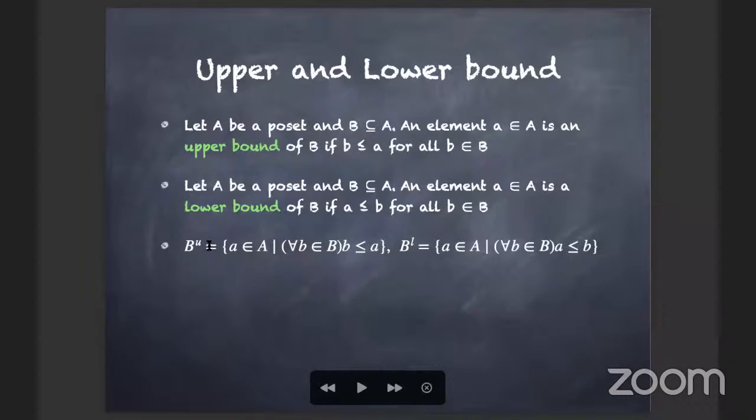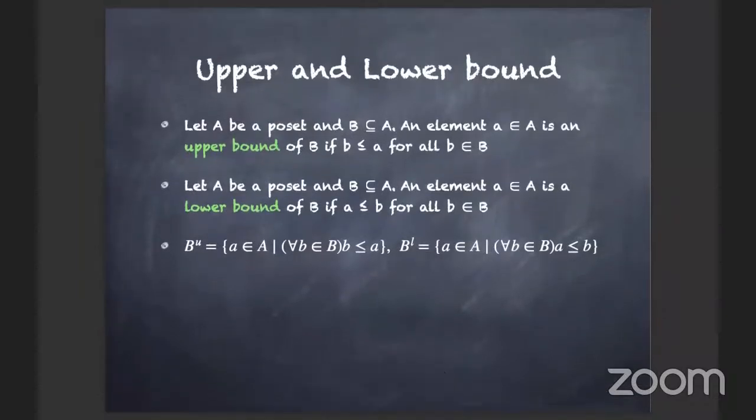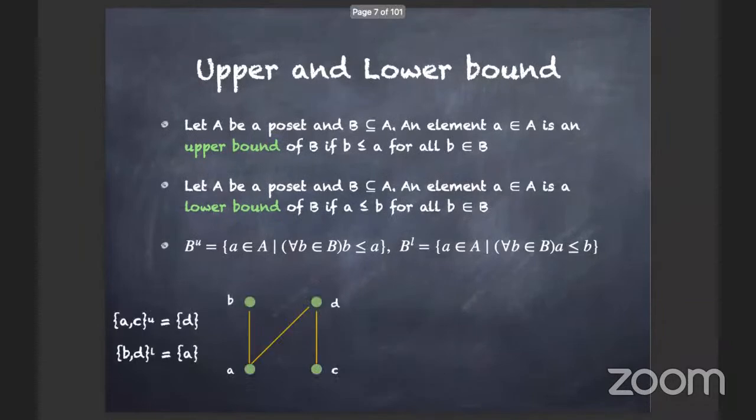Okay. So B^U denotes the set of all upper bounds of B, which is defined in this way: the set of all A such that for all B in B, B is less equal to A. And similarly, we define the set of lower bounds, the set of all A such that for all B, A is less equal to B. So in this way, we can define the set of all upper bounds and lower bounds. Now, consider this poset.